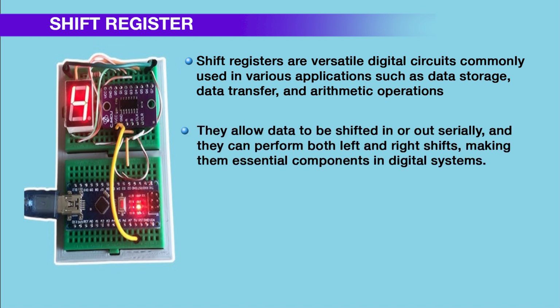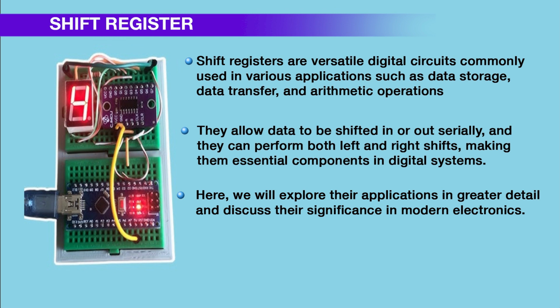They allow data to be shifted in or out serially, and they can perform both left and right shifts, making them essential components in digital systems. Here we will explore their applications in great detail and discuss their significance in modern electronics.